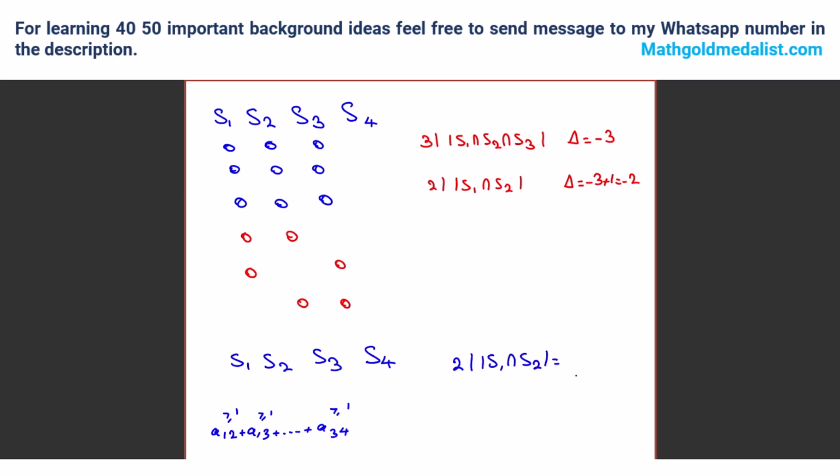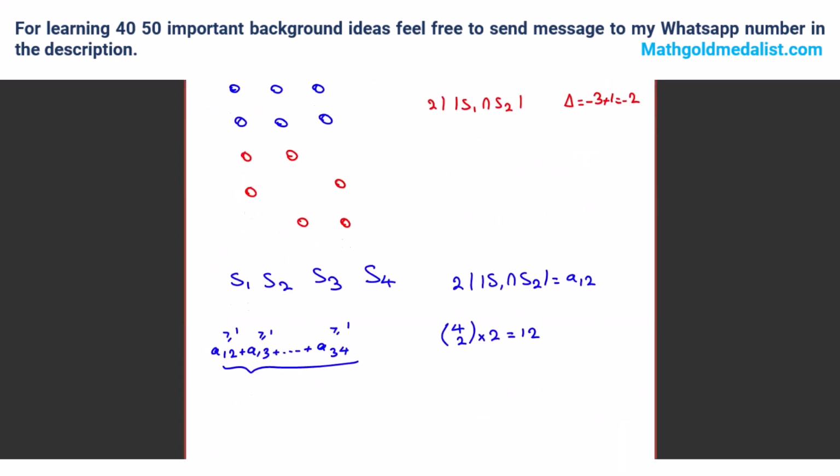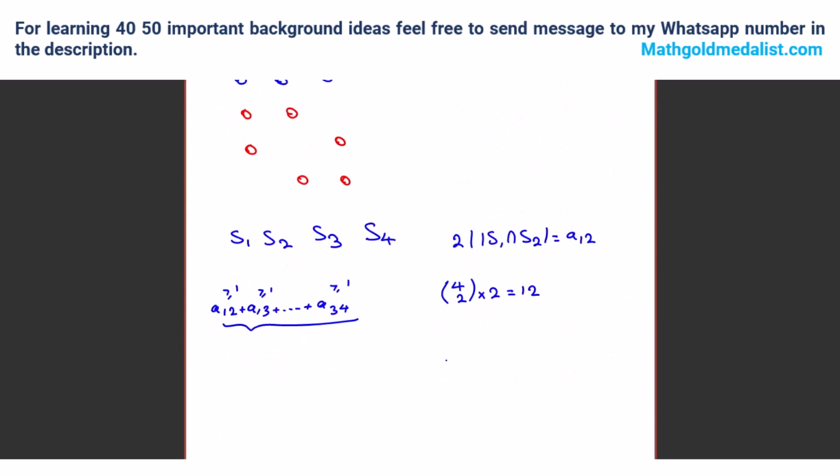S1 intersect S2 is what in terms of the A_i's? Yes, because A1,2,3, all of them are 0, right? We change them to 0. So 2 divides A1,2. So how many pairs are there? 4 choose 2, 4 choose 2 times 2, which is 12, right? And for 6, if we use the same approach, we reach what? 6 choose 2 times? 6 choose 2 times?